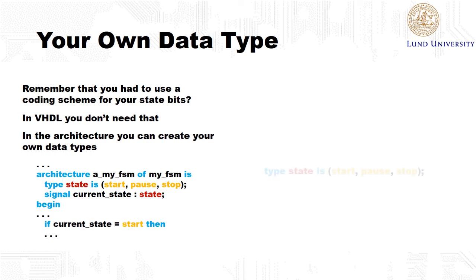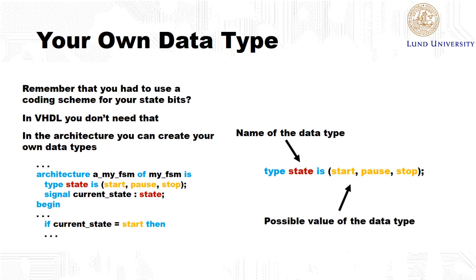Here is the syntax that we use to declare a new data type. First we use the keyword type, then we give a name for our new data type. Here we have named it state. Then comes the keyword is, and then we list all the possible values for this new data type. So here we have put in three labels: start, pause, stop.